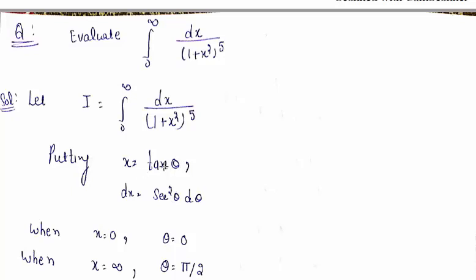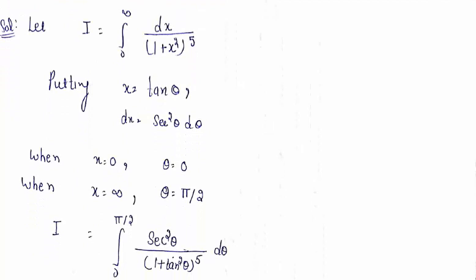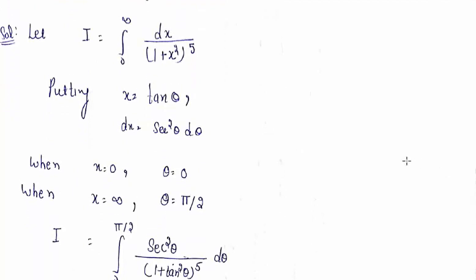So if we find the derivative, we know that derivative of x is dx. Our dx is secant square theta d theta. Now corresponding to this substitution, we change the upper limit and the lower limit. So when x is 0, our theta equals tan inverse 0, and we know that tan inverse 0 is 0.